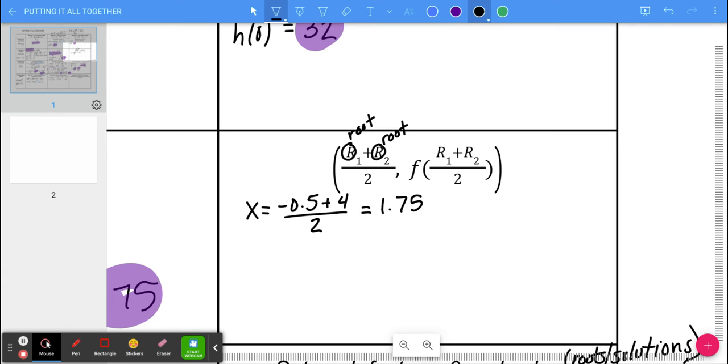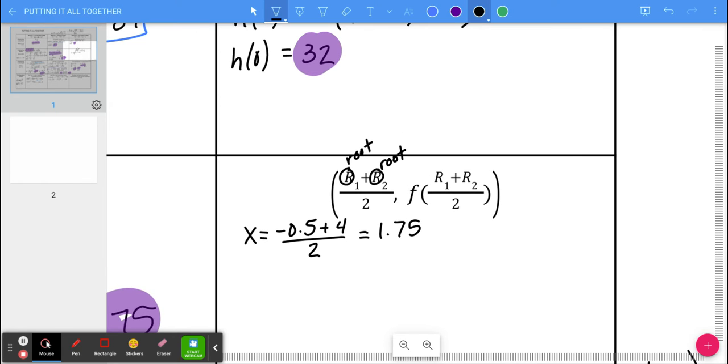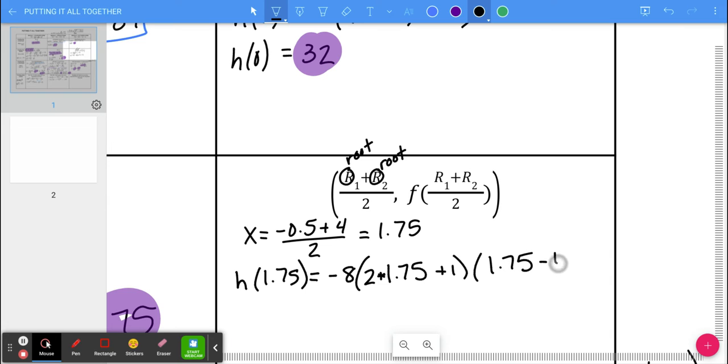To find your y, take the number that we just got and substitute it into the function. So h of 1.75, be careful, that is a times, plus 1, and then 1.75 minus 4.